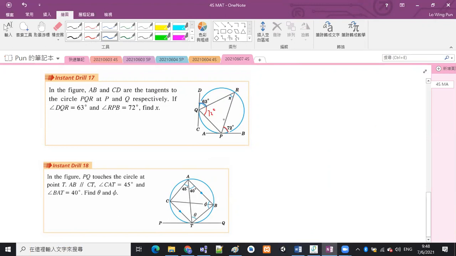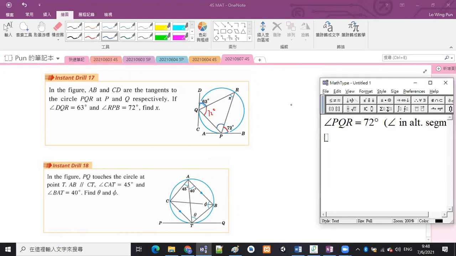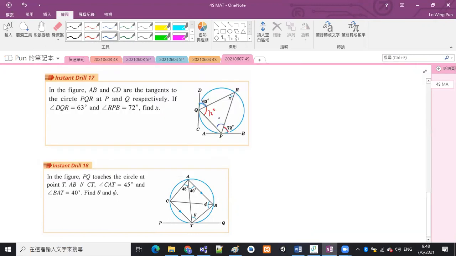And then there is an angle at circumference, also looking at the same chord QR, but on the other side of the circle. That is QPR. So angle QPR should be equal to 63 degrees, angle in alternate segments. Okay, so this one should be 63 degrees.